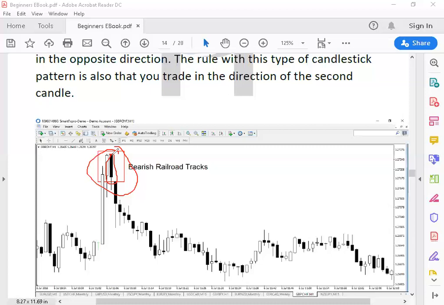But the very next candle just pulls all of that momentum back and sends it in the opposite direction, and that's what's called a bearish railroad track. An extended piece like this, if you have a bit more on the downside, where this particular candlestick is a bit bigger than this one, then that's a real engulfing. It's called a bearish engulfing. But if they're equal, sort of like this, then you just call it a railroad track.